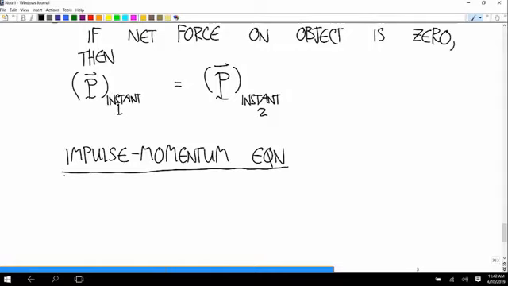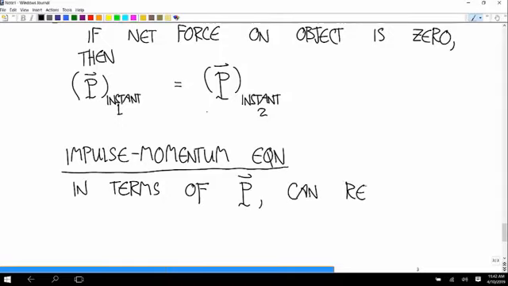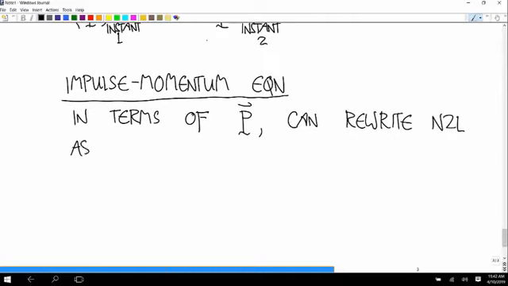And notice that in terms of p, we can rewrite Newton's second law as the net force is equal to the time derivative of the linear momentum.